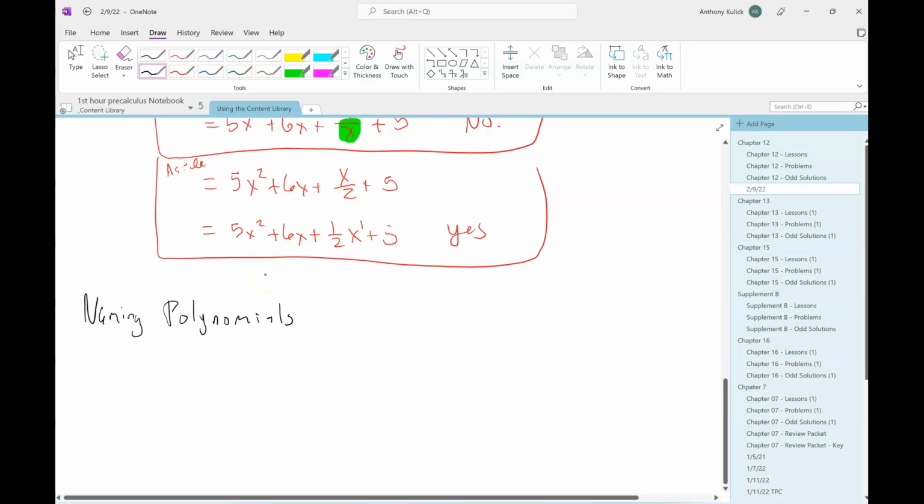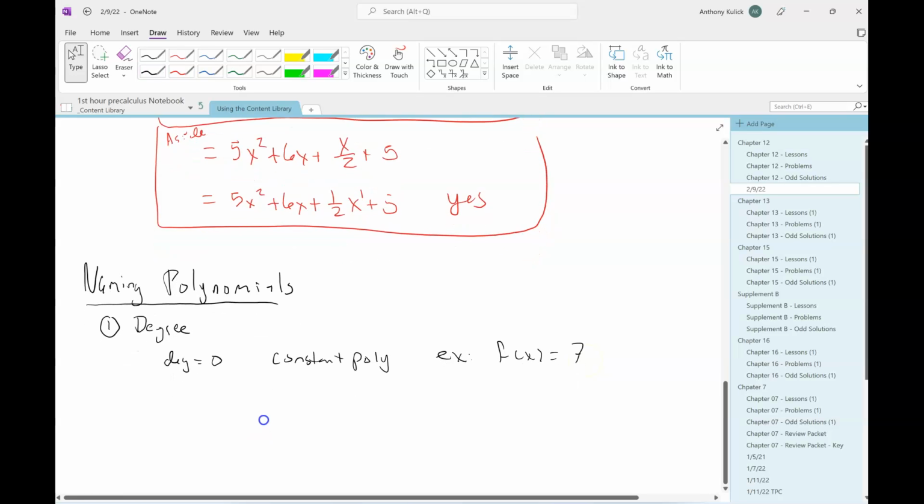So we have some common names that we give polynomials. There are two major ways that we'll name polynomials. One is by their degree. If the degree is 0, we call this a constant polynomial. An example of that could be f of x equals 7, where there's no x's at all. For degree equals 1, we call this a linear polynomial.